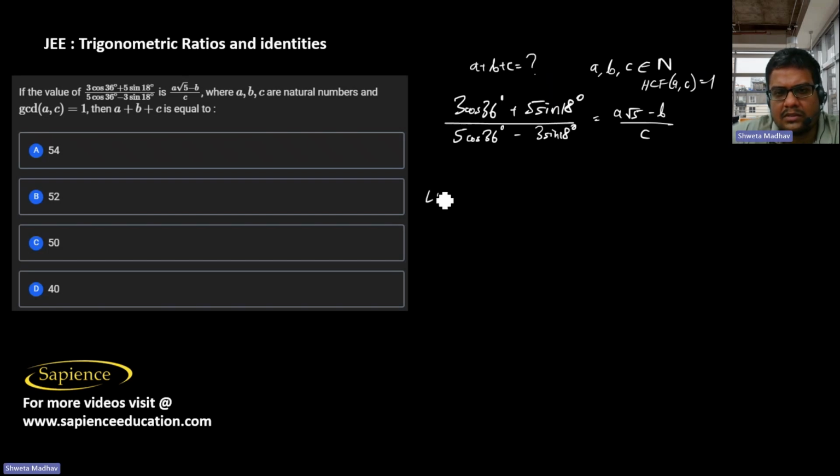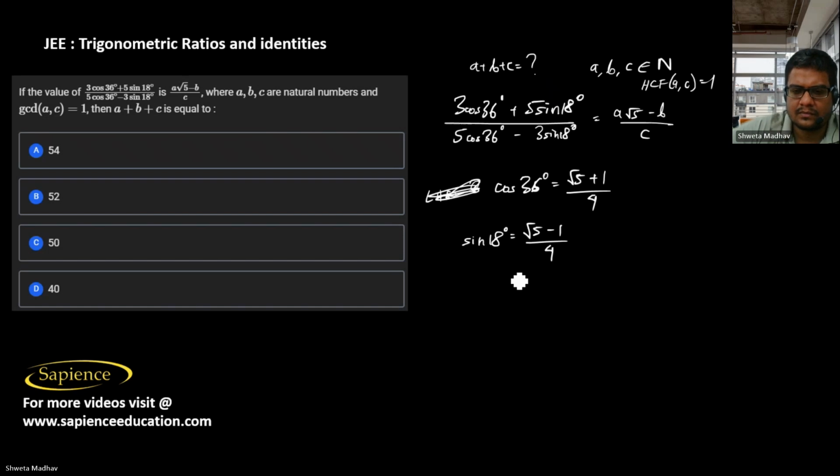So now the left hand side, that is 3 cos 36. As we know that cos 36 degree is equal to (root 5 plus 1) by 4, and sine 18 degree we know is equal to (root 5 minus 1) by 4. Since sine 18 is (root 5 minus 1) by 4, we can verify cos 36: cos 2 theta is 1 minus 2 sine square theta.